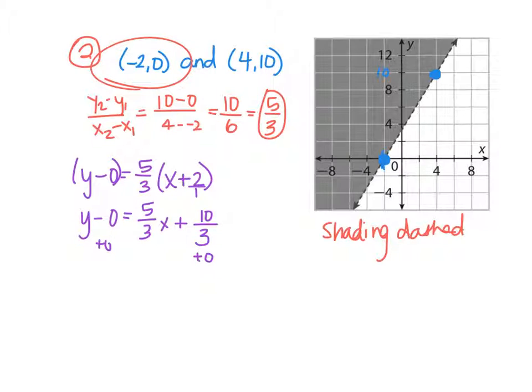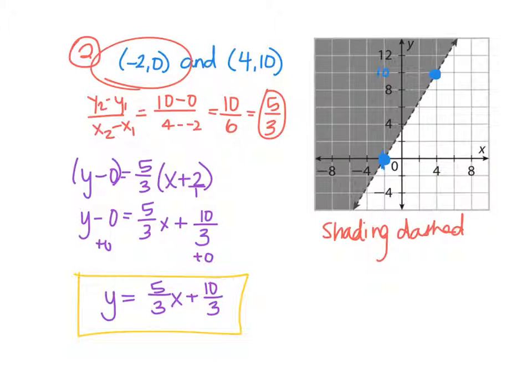That's not going to change anything, so I've got y equals 5/3 x plus 10/3. Now, there's one issue with this being my final answer, and the issue is this equals sign. Remember, if it was equals, it would just be a solid line with no shading, and it wouldn't be dashed at all.